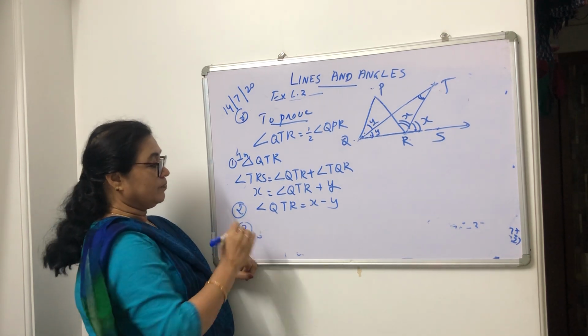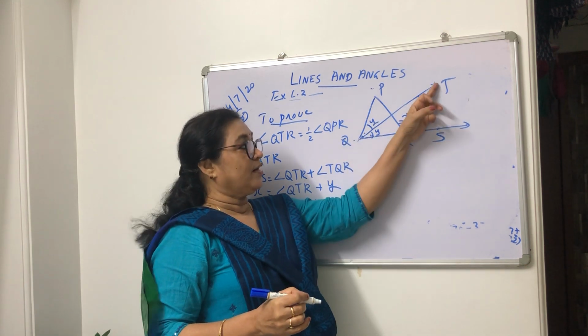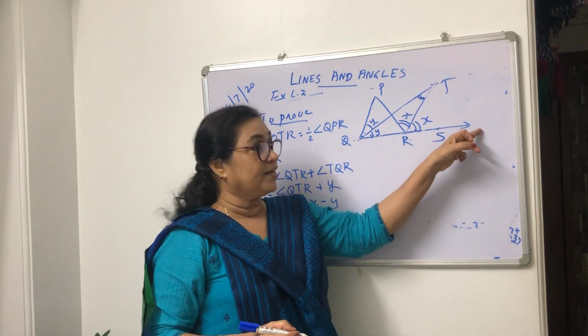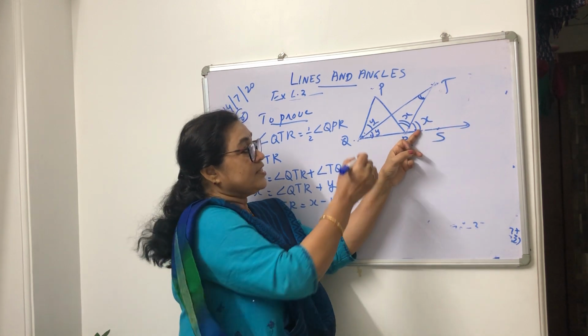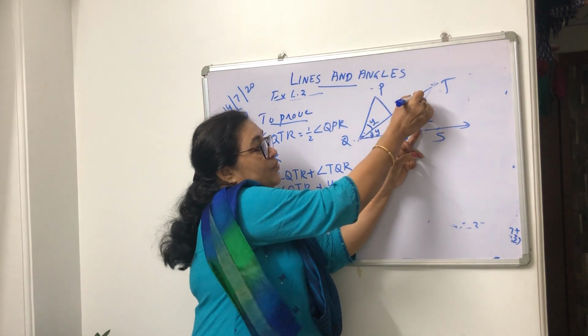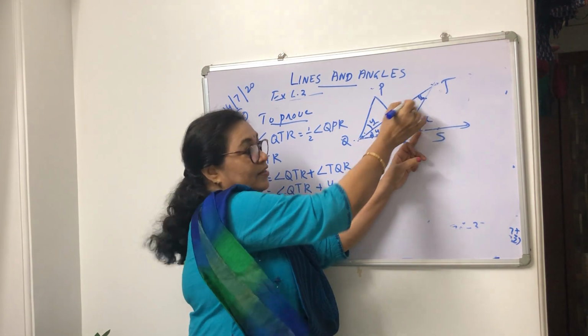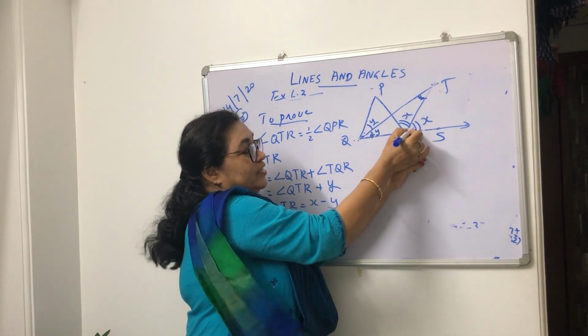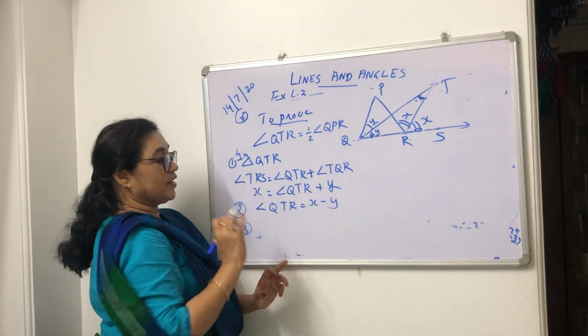Now third one. Once again, this triangle QTR, we extended this side. So TRS is our exterior angle. This exterior angle is equal to the sum of the interior opposite angles, this y plus this QTR. So y plus QTR is equal to x. Then QTR equal to x minus y.